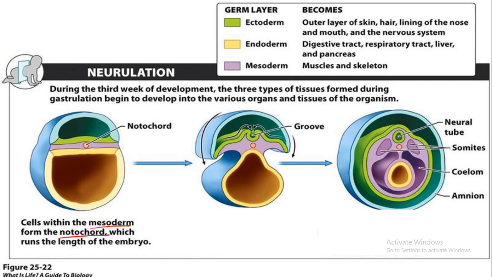What you need to understand is that the notochord is being created from the primitive streak, and this primitive streak is the one which is forming the primitive node, and the cells of the primitive node will start migrating cranially, and when they migrate cranially, they will lead to the formation of the notochord.